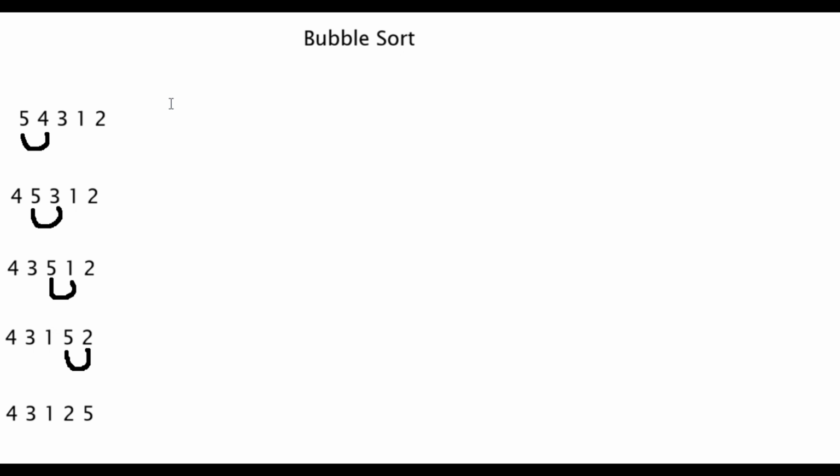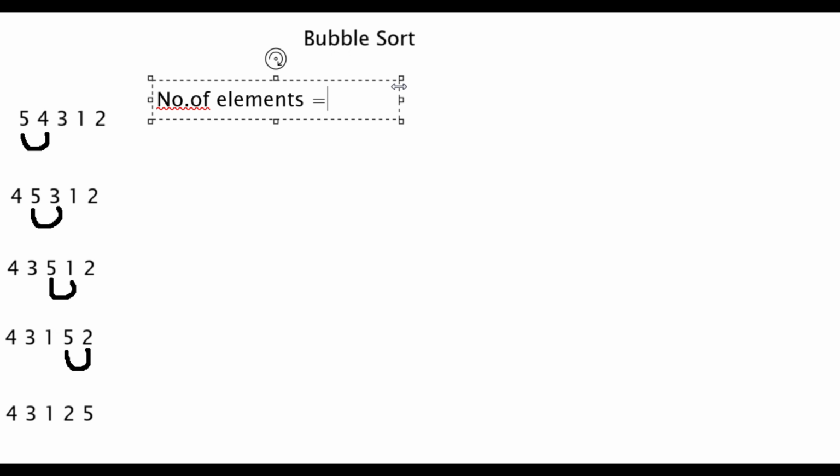Guys, before going further, there will be passes in bubble sort. For example, how many elements are there? Please make a note, guys, if you want to learn this. The number of elements is 5, right?